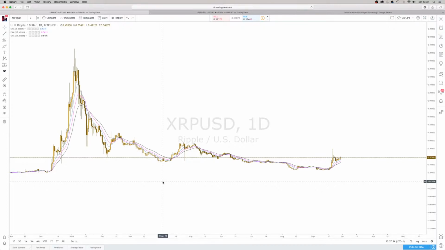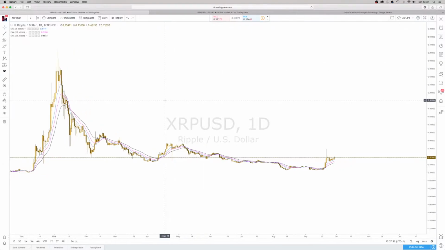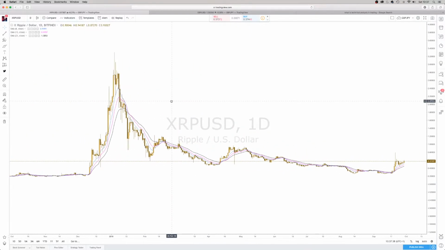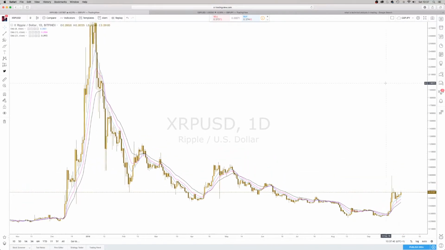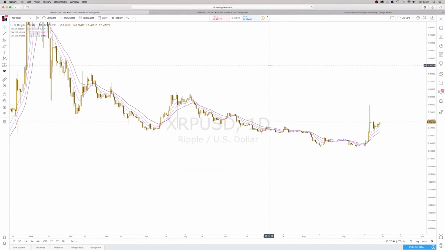So, on a poll that I did, I think the majority of people were looking at overall price action, what candles mean, what is support and resistance. I'll put that out there. I am no expert.